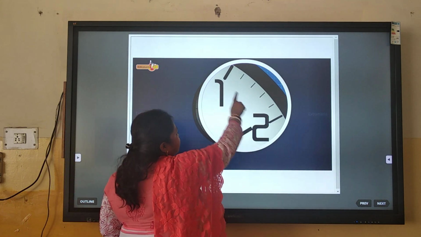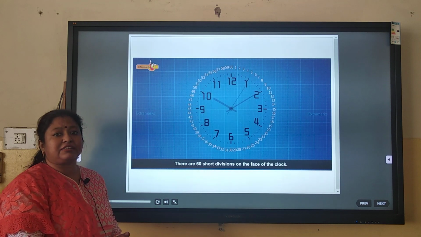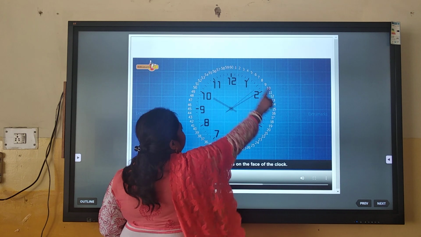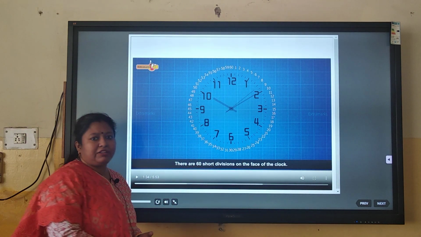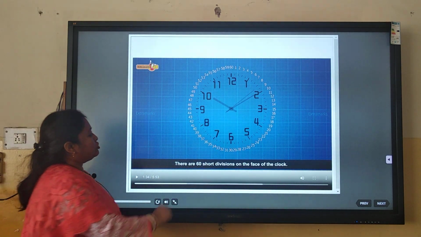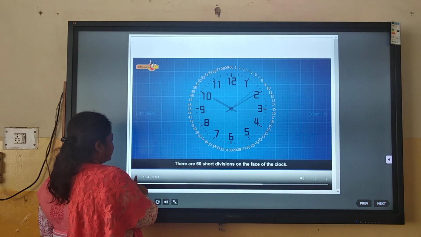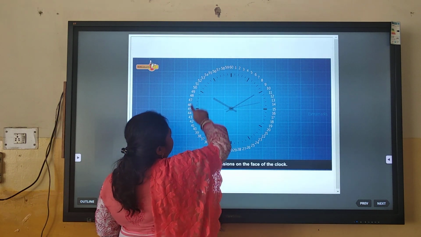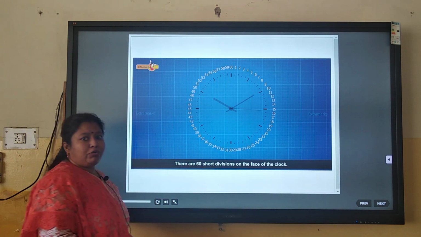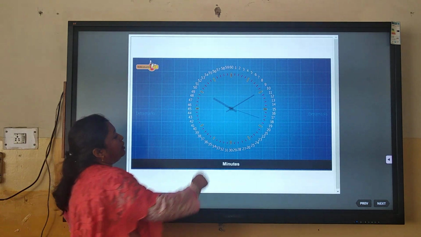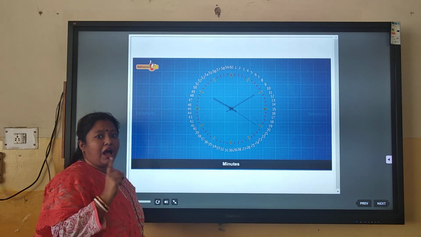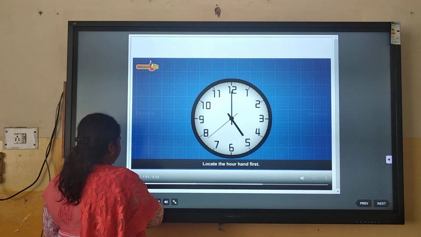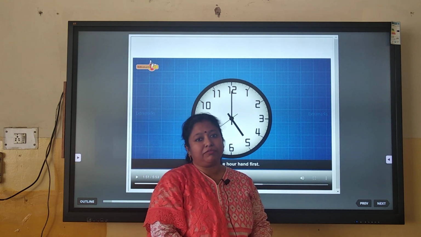Actually, these divisions indicate minutes. So you can see that the whole clock is divided into 60 small divisions in total. So there are 60 minutes in an hour. When the minute hand takes one round of the face of the clock, it covers 1 hour, and the hour hand moves from one number to another number in 1 hour.